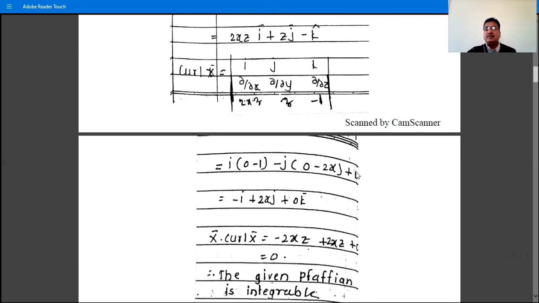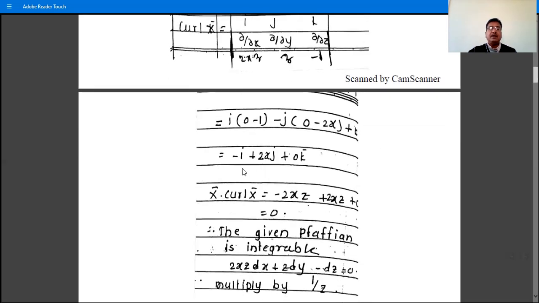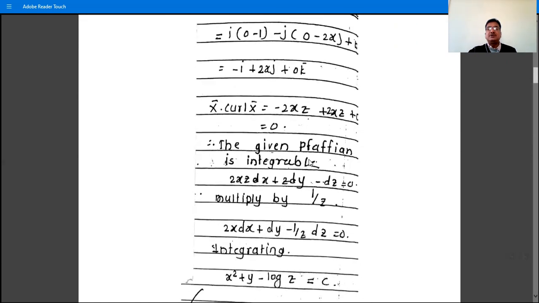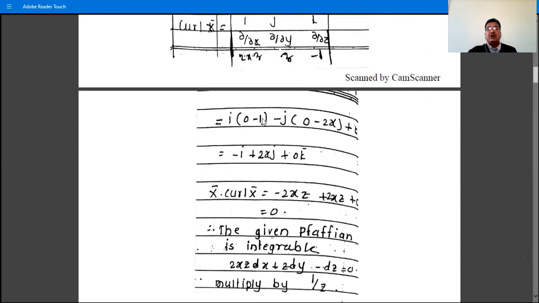So k in bracket is 0 minus 0, and therefore we have the answer minus i plus 2x j plus 0k.